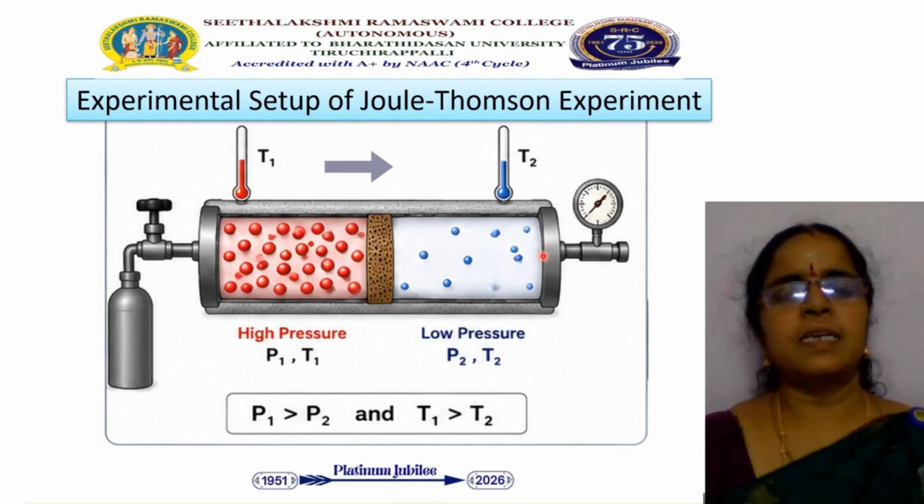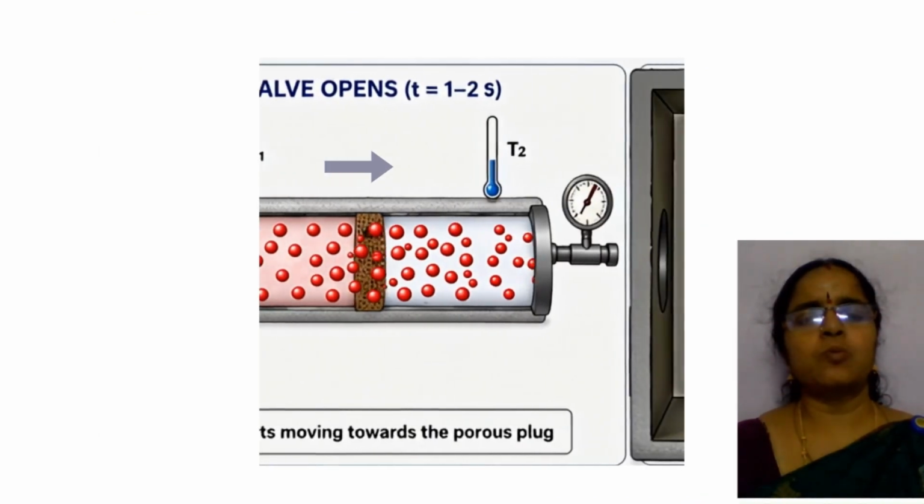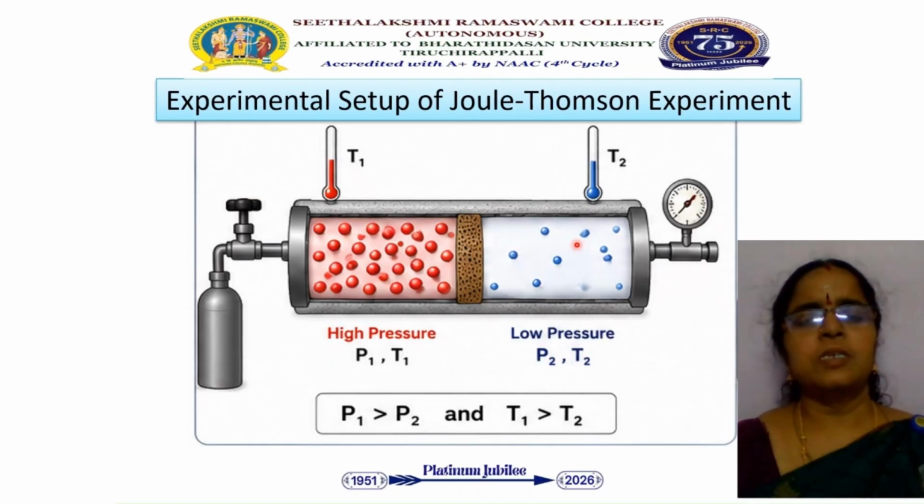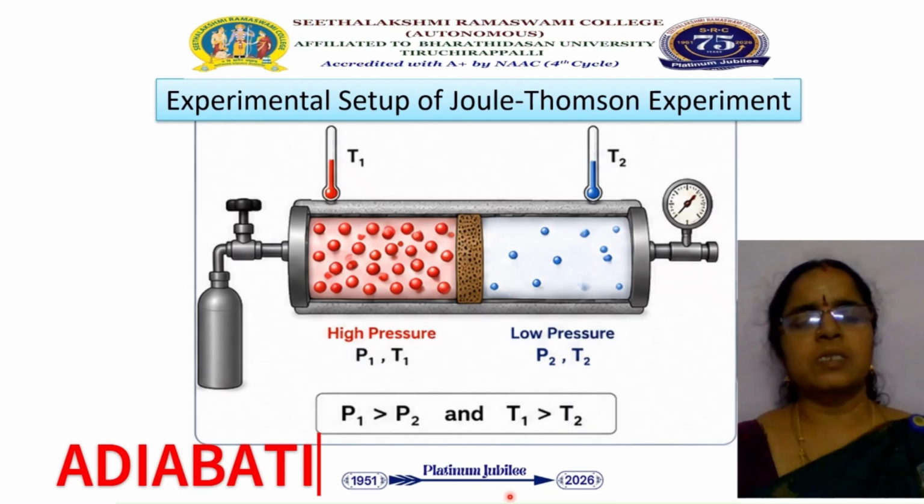The right-hand side is maintained at a low pressure. When the valve is opened, the gas slowly passes through the porous plug from high pressure to low pressure. Since the apparatus is insulated, there is no heat exchange with the surroundings, making the process adiabatic.